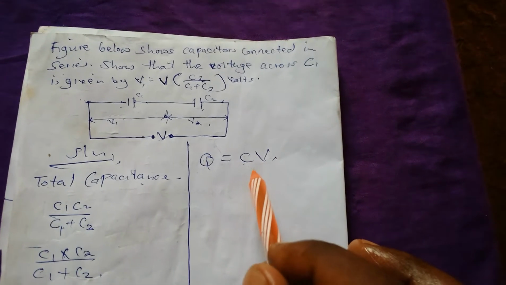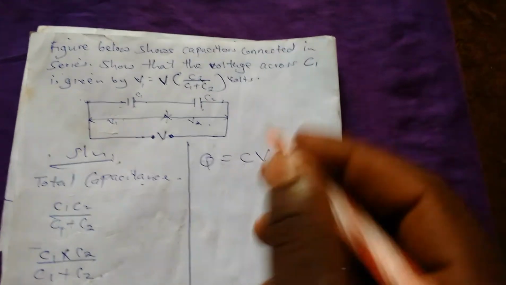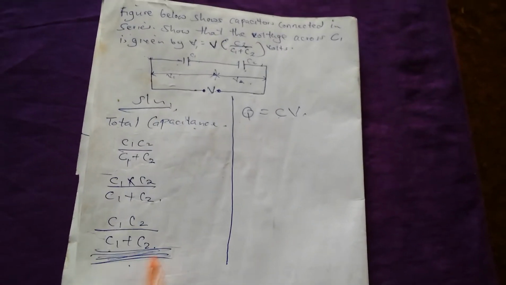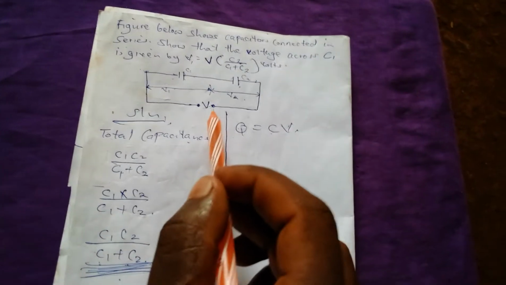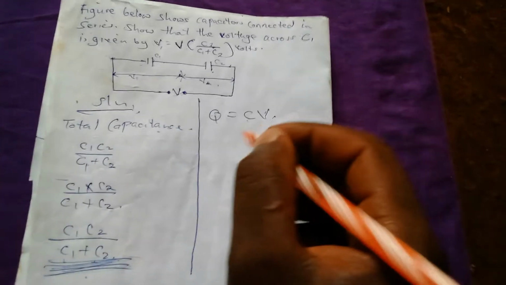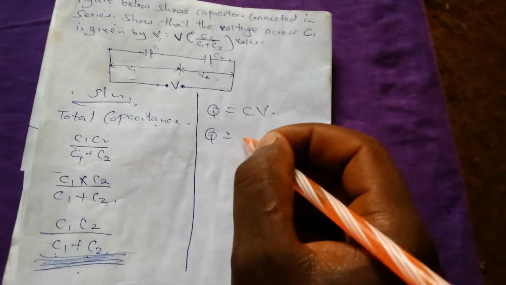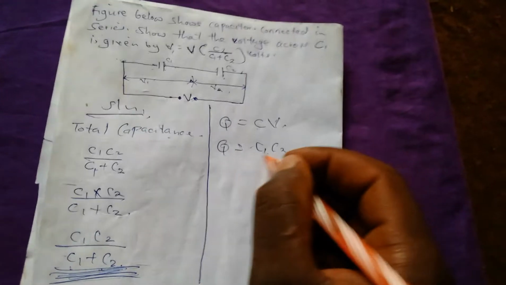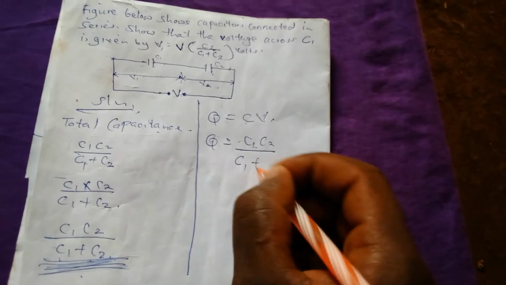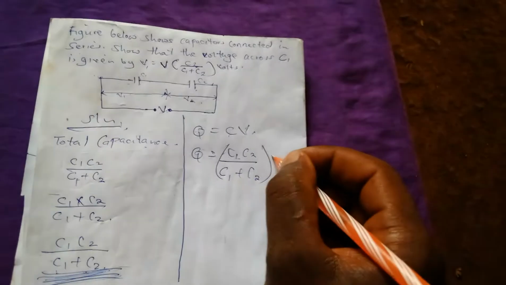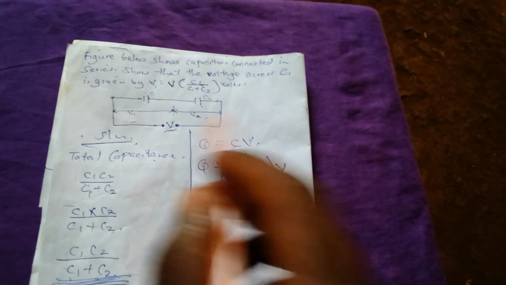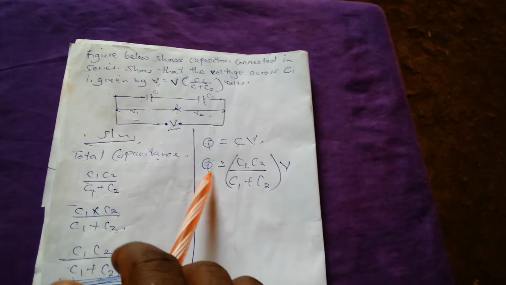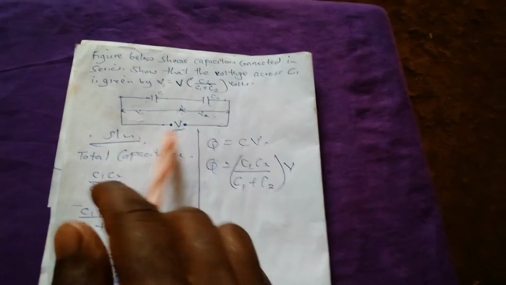We have the total capacitance as this, times the total voltage, which is V. So Q will be C1 C2 over C1 plus C2 times V, this V, which is the total voltage. This is the total charge in this connection.